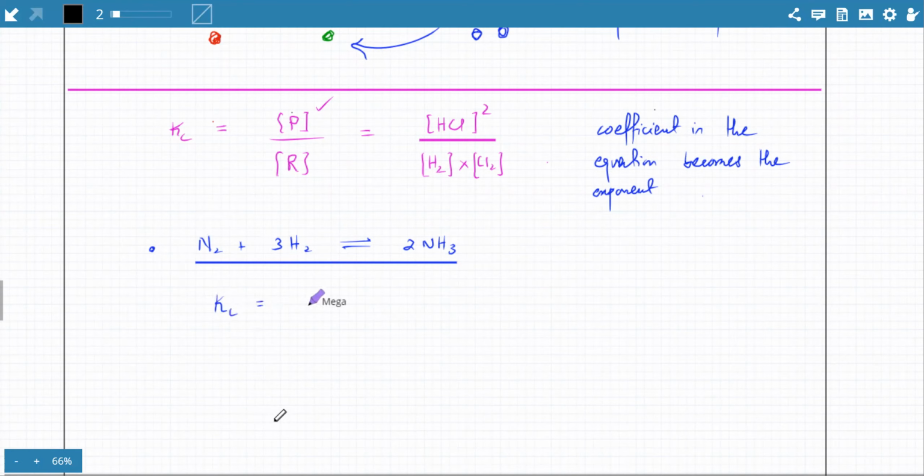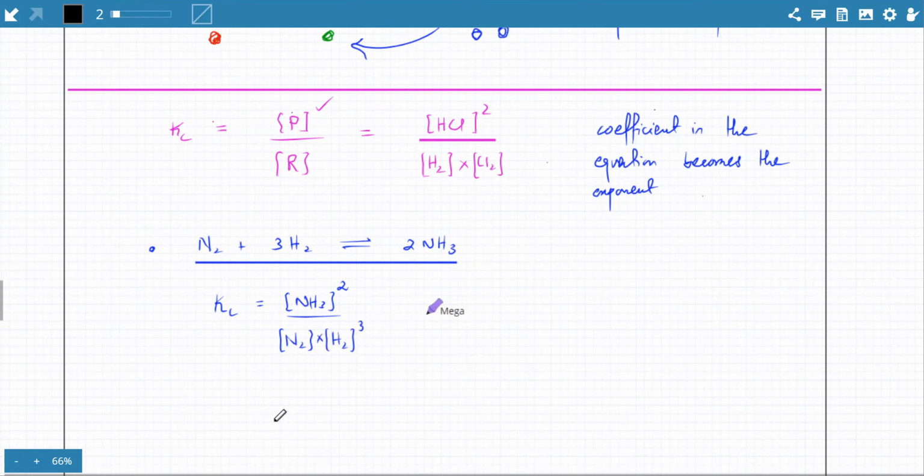So it would be product concentration, which is NH3, and I told you that the coefficient becomes the power or the exponent. It's going to be NH3 squared divided by the reactants, which are N2 and the other one is H2, and the coefficient becomes the power, so it's going to be H2 cubed, and these two would be multiplied.